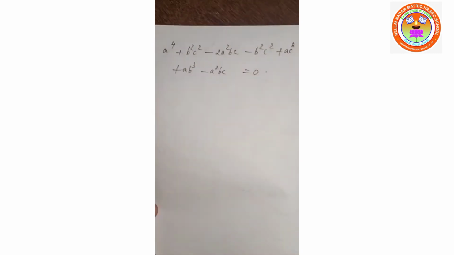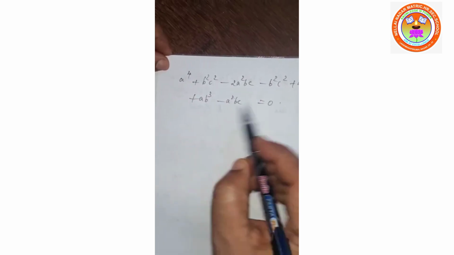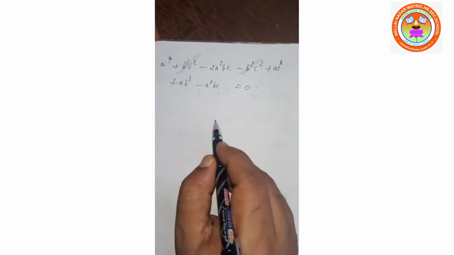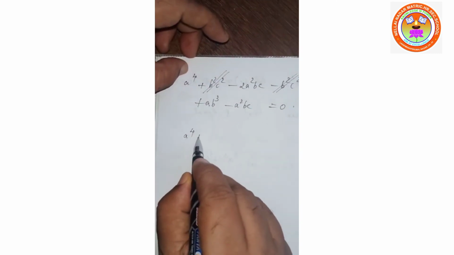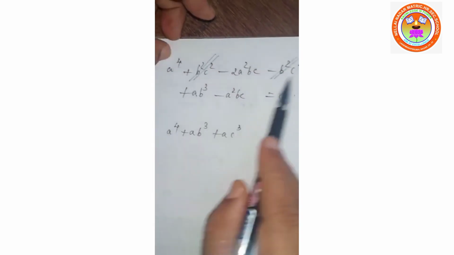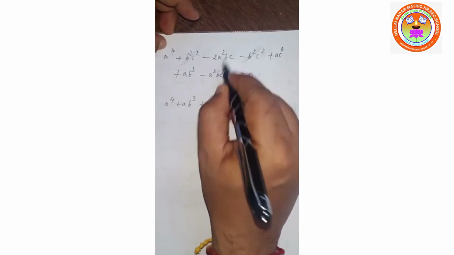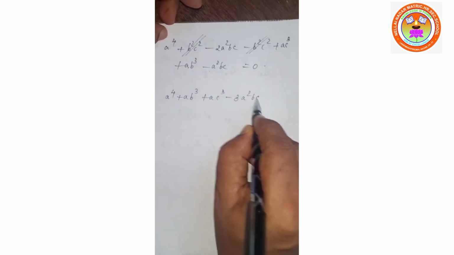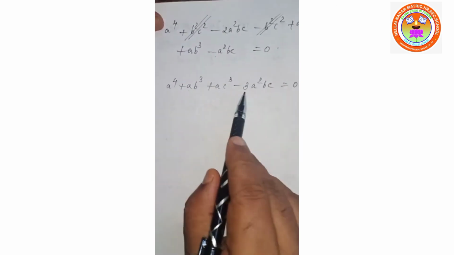Now plus b squared c squared and minus b squared c squared get cancelled. Here a power 4, then you write plus ab cube, then you write ac cube. These three are over. Then only these two are left out. Together we will write, because they are like terms, a squared bc family: minus 2 times minus 1 time, minus 3 times a squared bc, that is equal to 0.